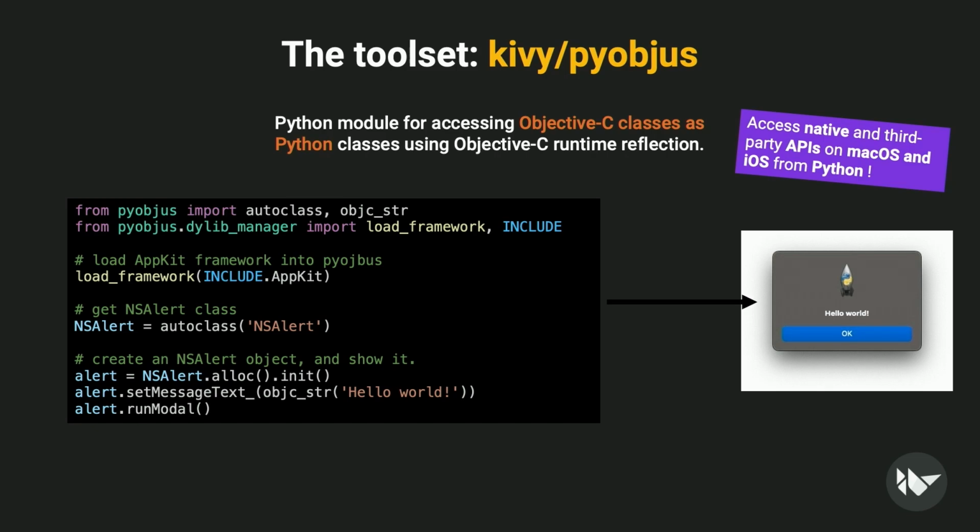So, again, as an example, if you want to access Bluetooth Low Energy, we can do that by using PyObjus. And yeah, as the example shows, I'm just loading, again, the autoclass helper, then we are loading the NSAlert class via the autoclass helper, and then we are using it to show this modal on my Mac.